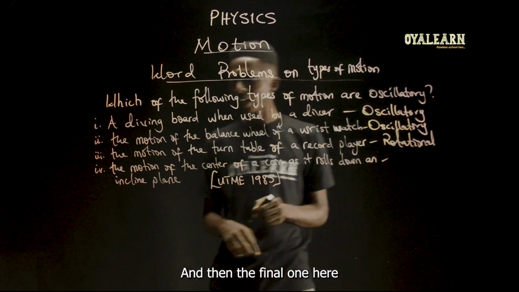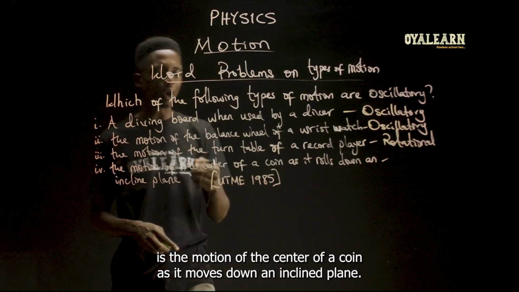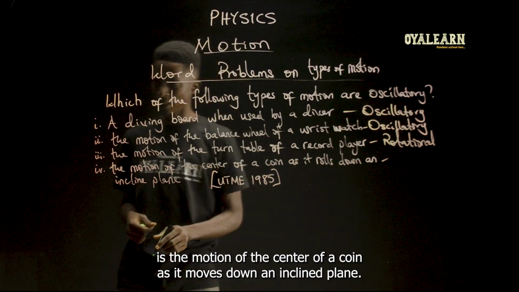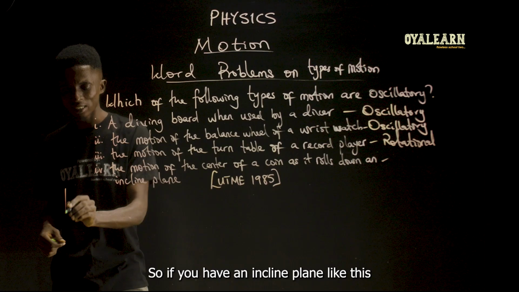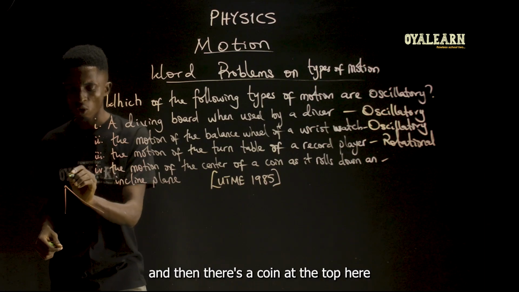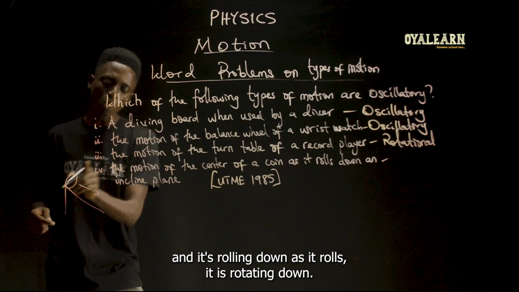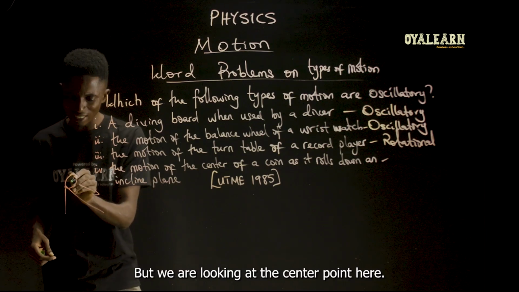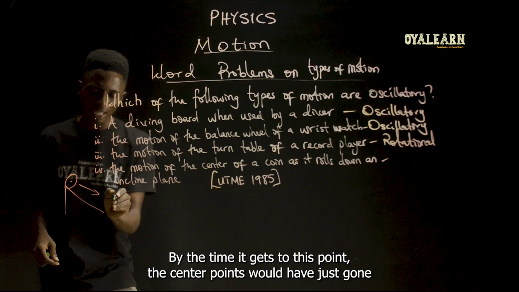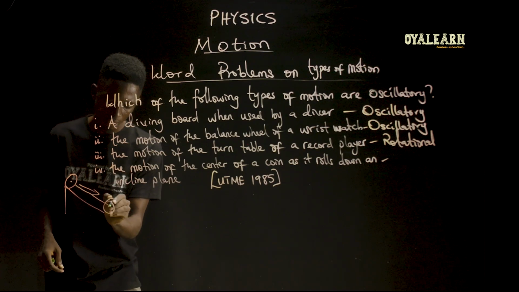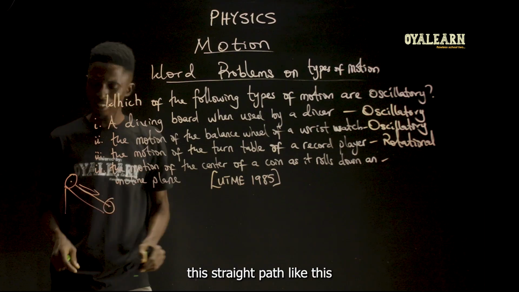Okay, and then the final one here is the motion of the center of a coin as it rolls down an inclined plane. So if you have an inclined plane like this, and then there's a coin at the top here, and it's rolling down. As it rolls, it is rotating down, but we are looking at the center point here. By the time it gets to this point, the center point would have just gone this straight path like this.